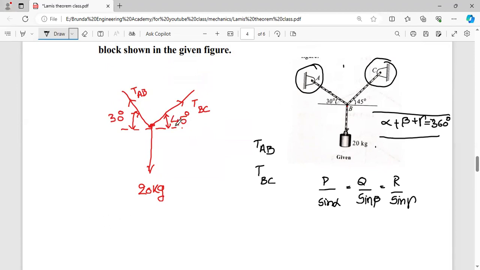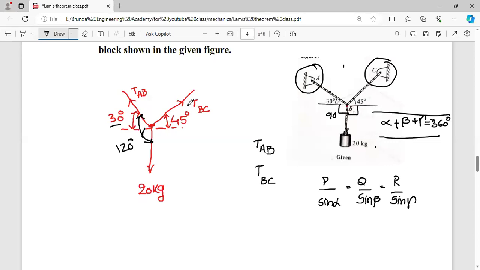Observe, first of all, in this type of problems, you have to find out the angle between the two forces. So here it is the 30 degrees and here it is the 90 degrees. Why? Because it is the perpendicular one. So here 90 plus 30. So what is the total angle? Total angle is 120 degrees. Similarly, it is the 45 degrees and it is the perpendicular case.